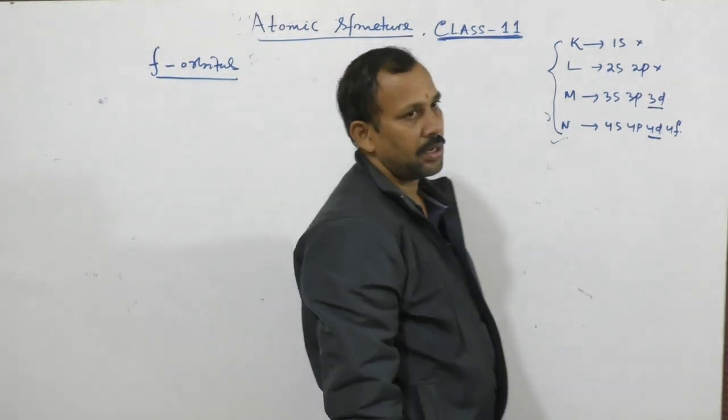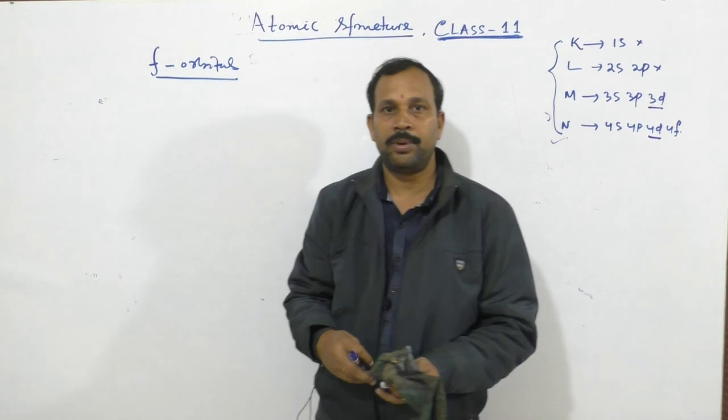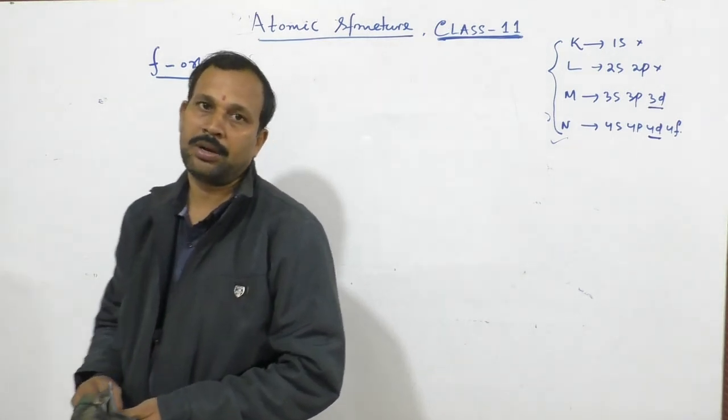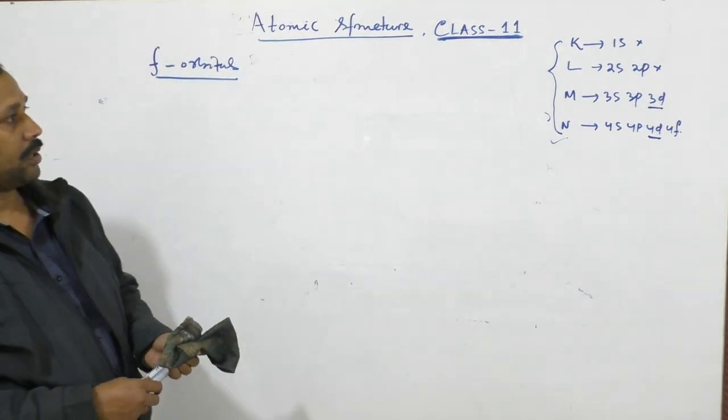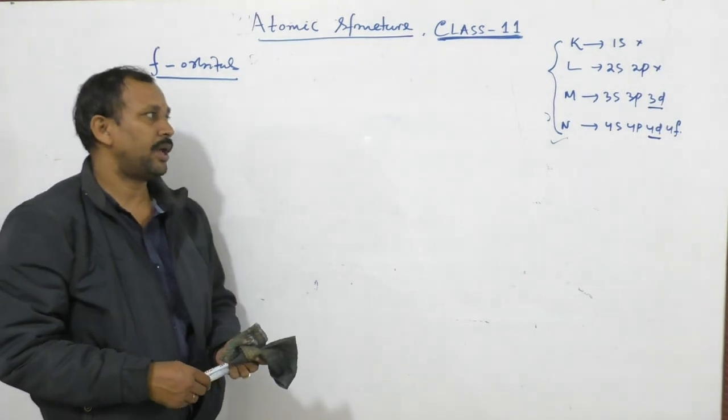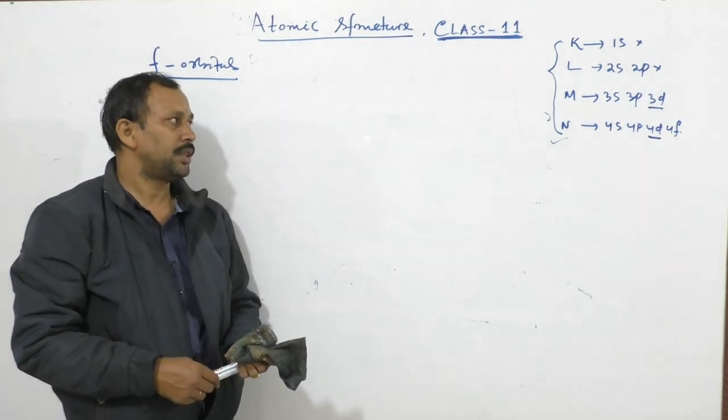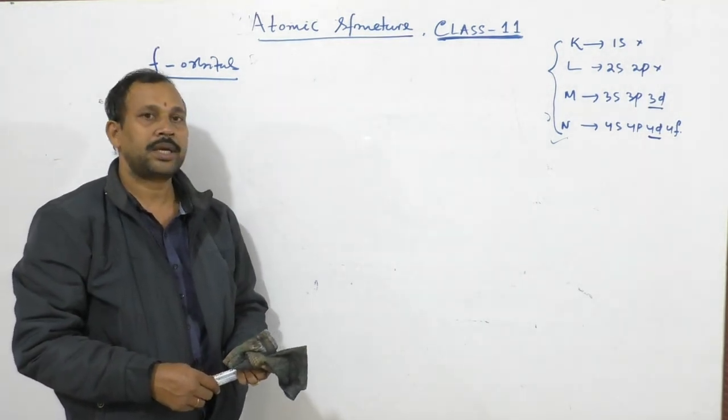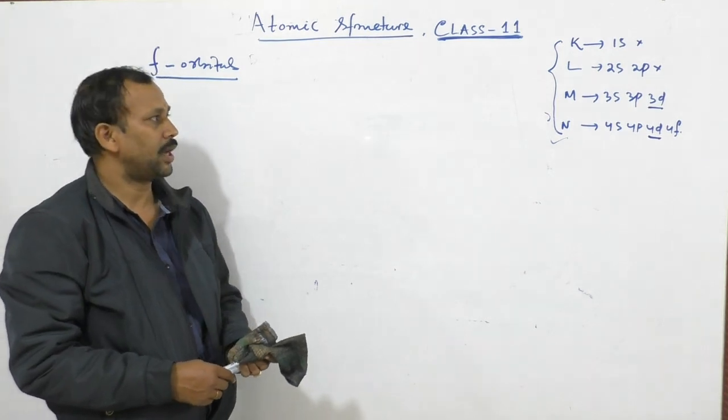The second principal cell also has no f orbital. The third principal cell also has no f orbital. But the fourth principal cell has f orbital present. Other higher cells can also contain f orbital.